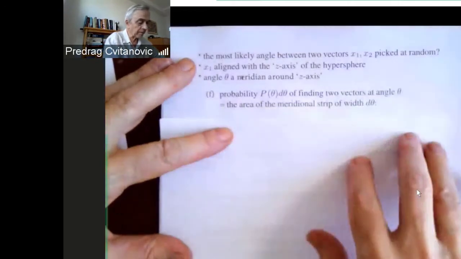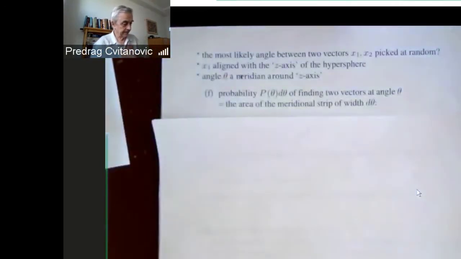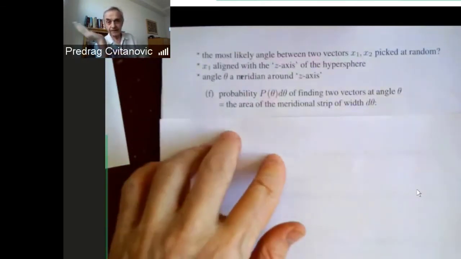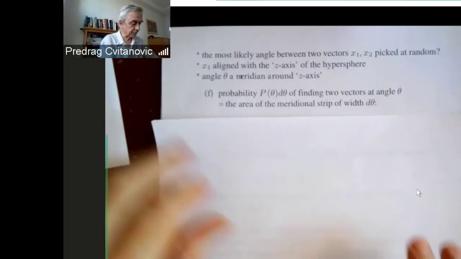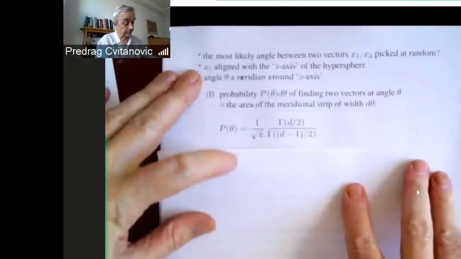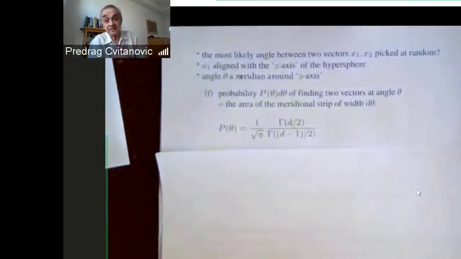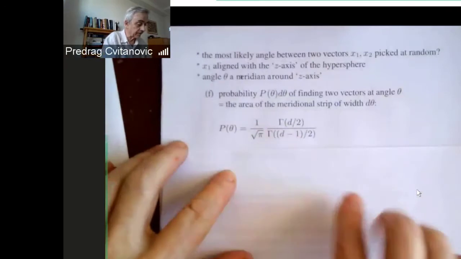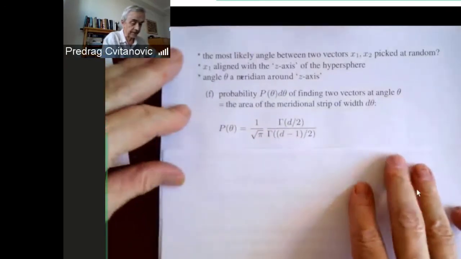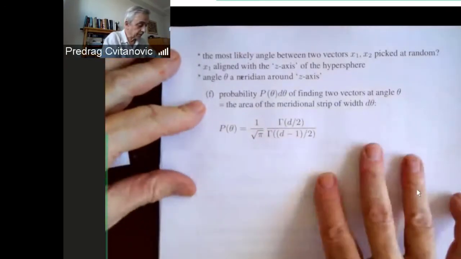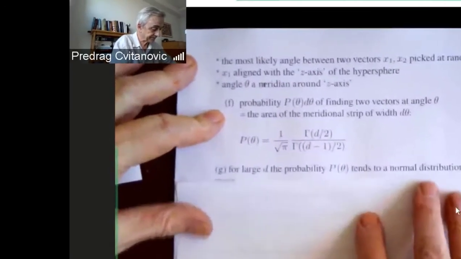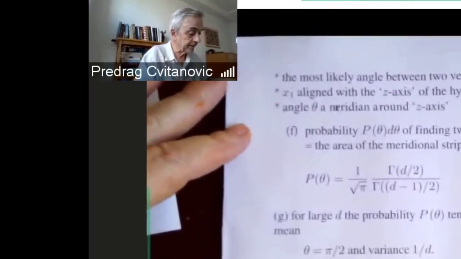So probability to find 2 vectors at a given angle is proportional to the area of this meridional strip of width delta theta. So, you have the formula, so there's no problem to compute it. It turns out to be a ratio of 2 gamma functions, so that's totally exact. Do the Stirling, and what do you find?